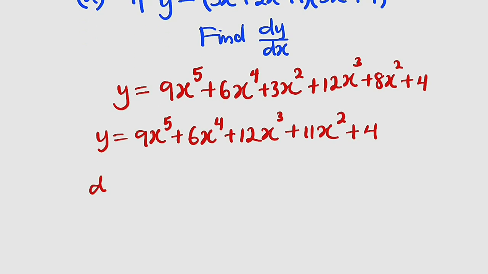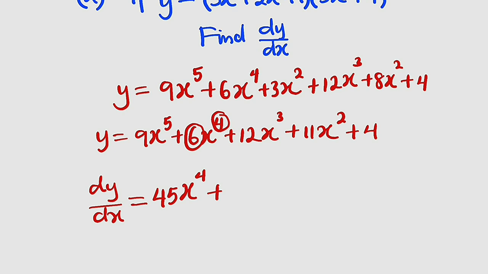So dy over dx is equal to 5 multiplied by 9 will give us 45. You reduce the exponent by 1, it becomes 4. So this is x to the power of 4 plus 4 multiplied by 6, that is going to give us 24.